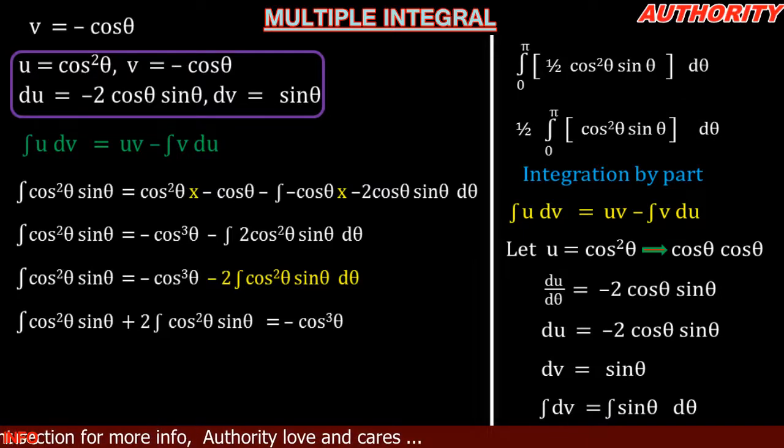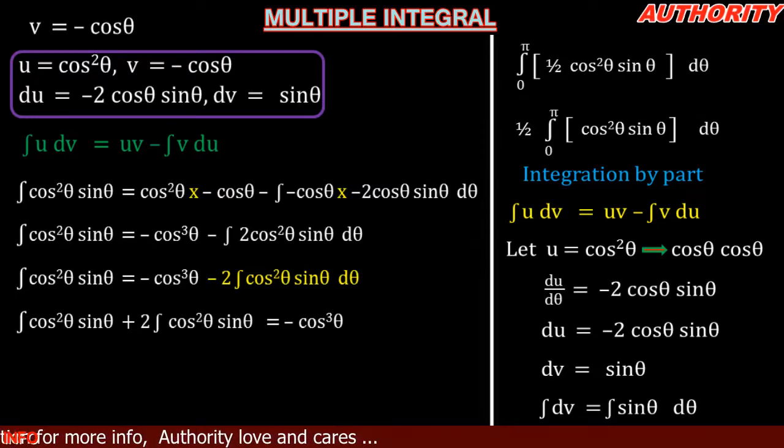minus cos cube theta. All right, good. So here we have the integral of cos squared theta sine theta plus 2 times the same integral.